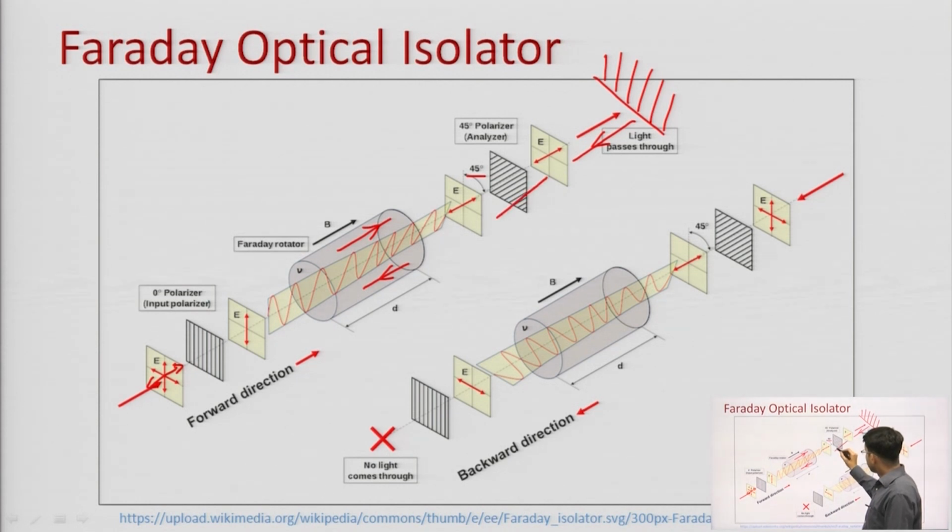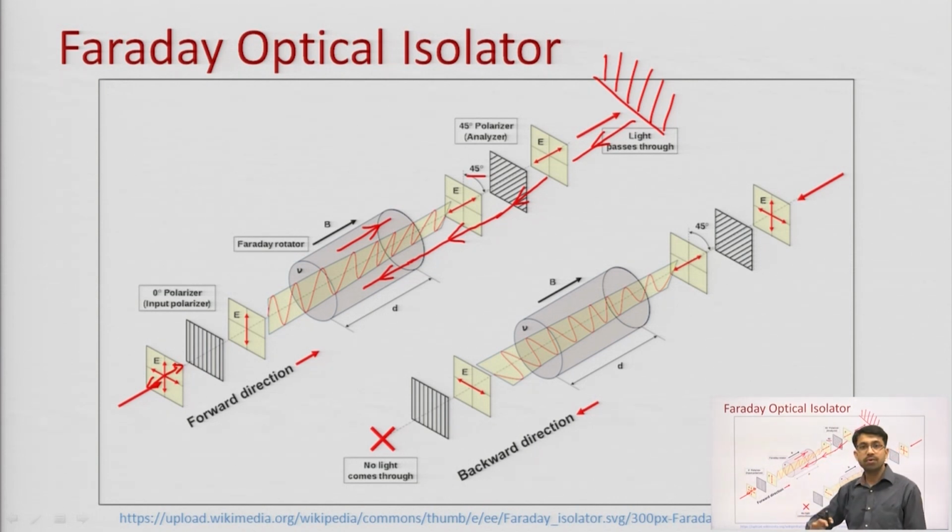It will pass through this analyzer, because this is already kept at a 45-degree angle. So, this is a 45-degree polarizer, and the light ray will travel again through this crystal. When this light ray travels again through this crystal, what will happen?